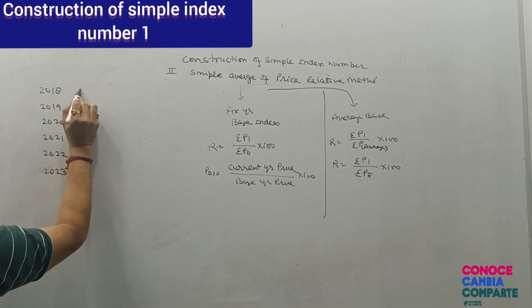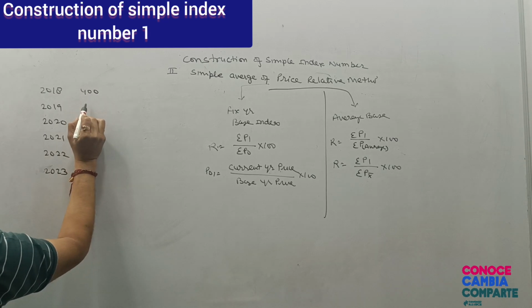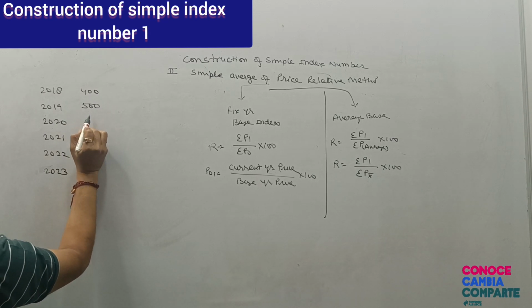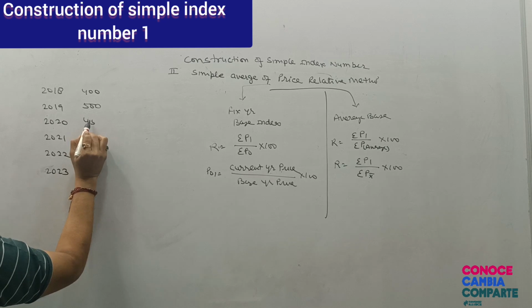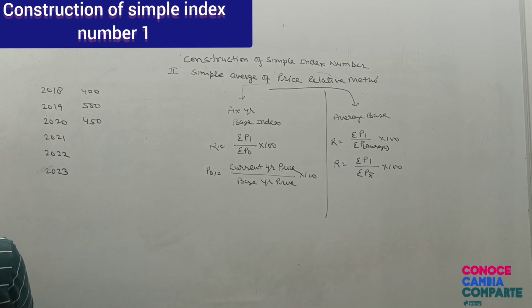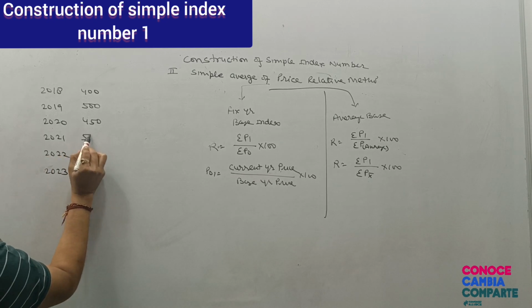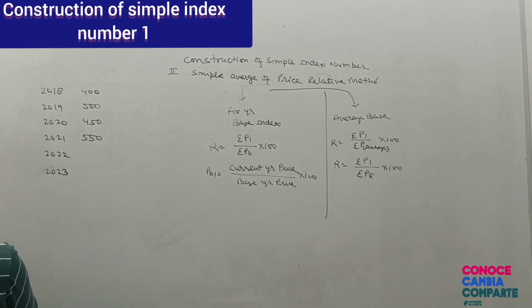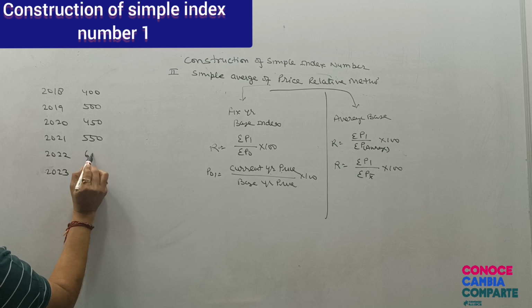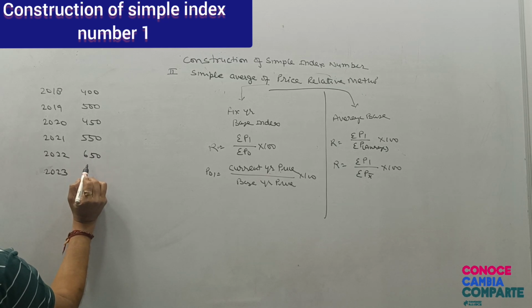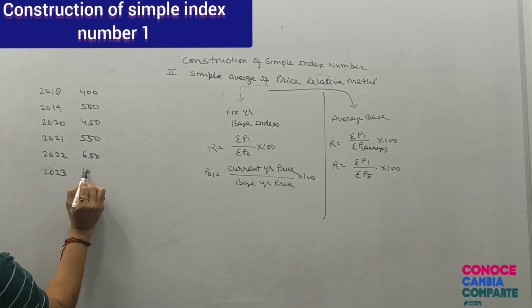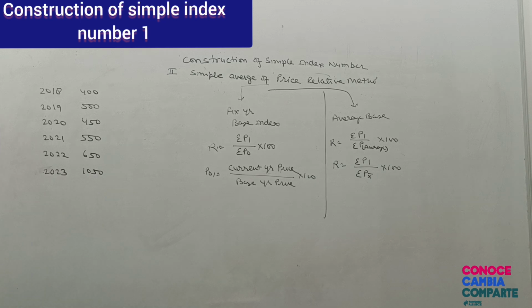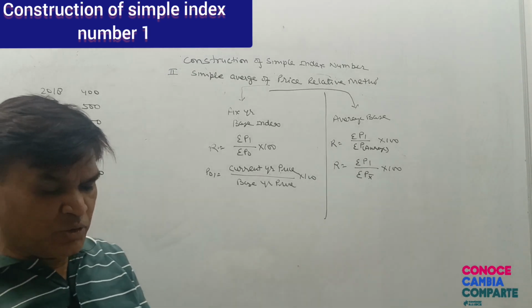Prices are given as 400, 500, 450, 550, 650, 1050. So this index number we can calculate on two bases.